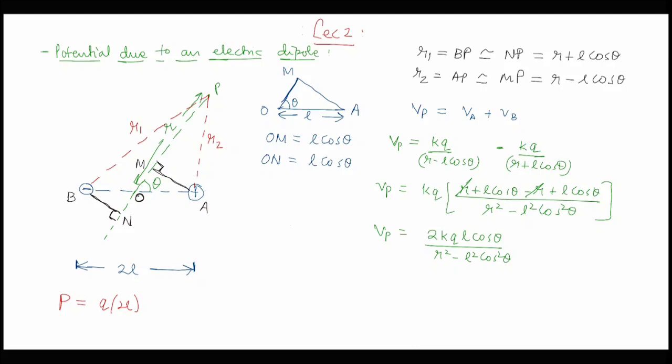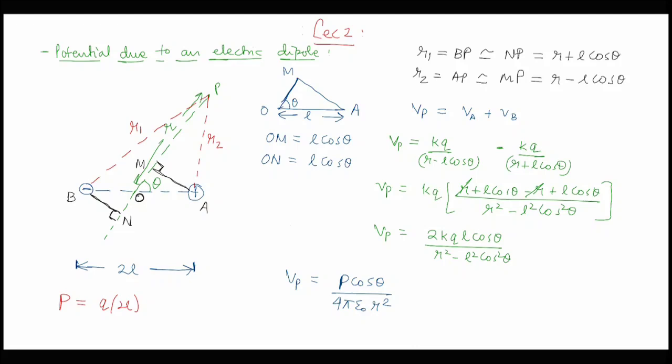So we can write this expression in this way, that the value of potential at a point P can be written as Vp is equal to Kp cos theta, or we can put the value of K as 4 pi epsilon naught, and then there is a term R square.